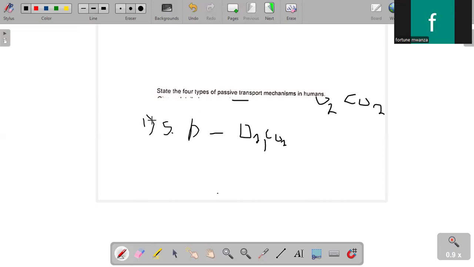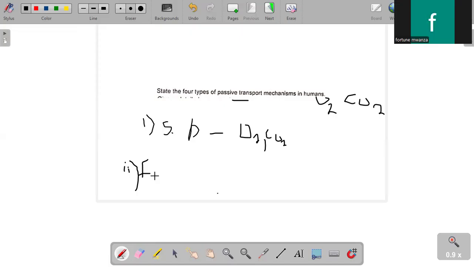Now the other type of passive transport is facilitated diffusion. On simple diffusion, you've noticed that we're talking about molecules which are non-polar, which are lipid soluble. What about those small molecules which are not lipid soluble?